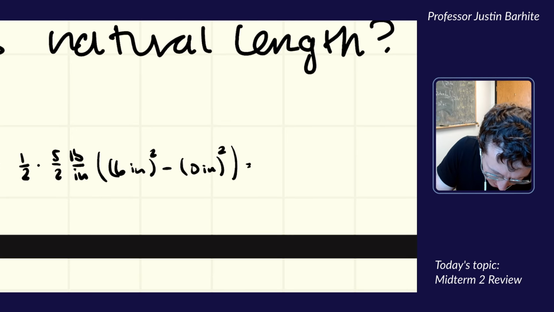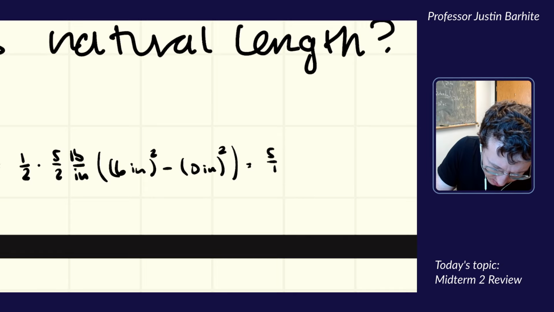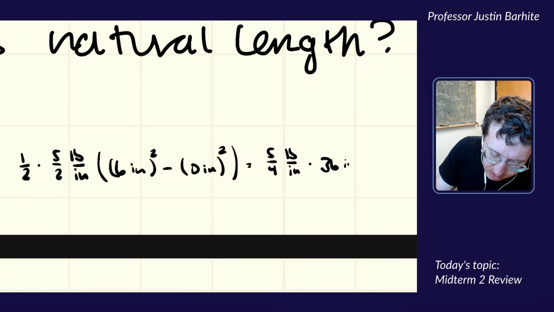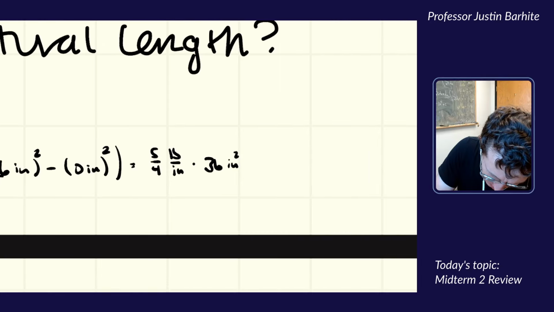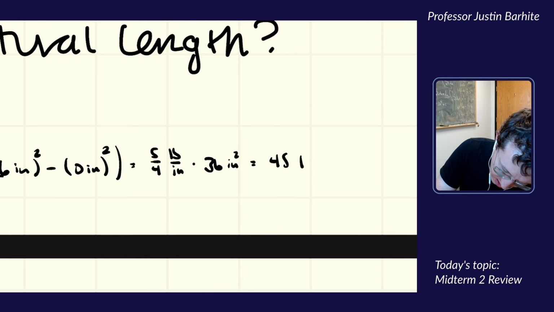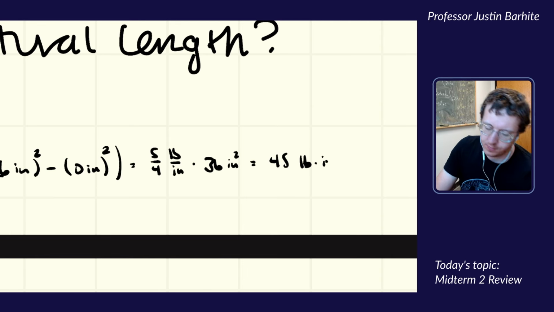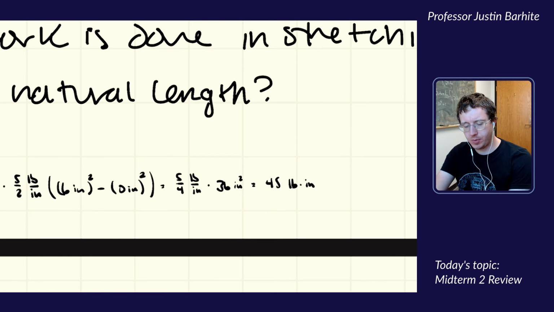But I get 5/4 pounds per inch times 36 inches squared, which is 45 pound inches. And pound times inch is a unit of energy, so this makes sense.